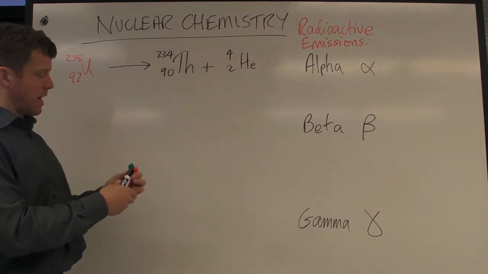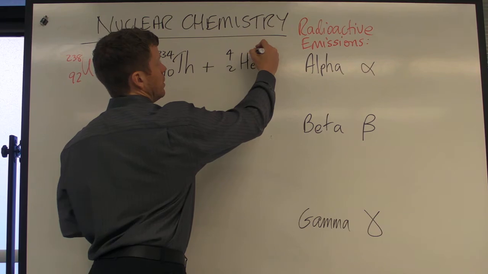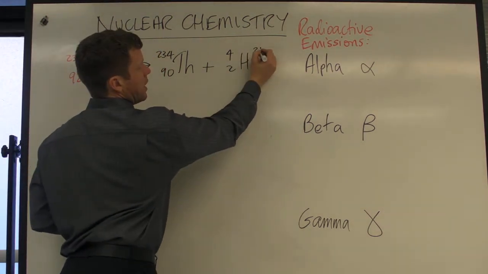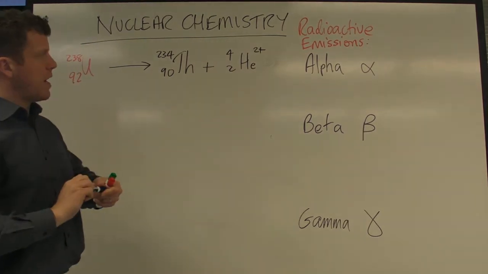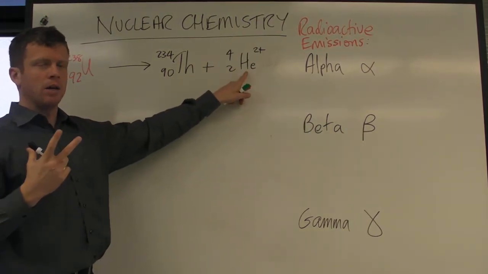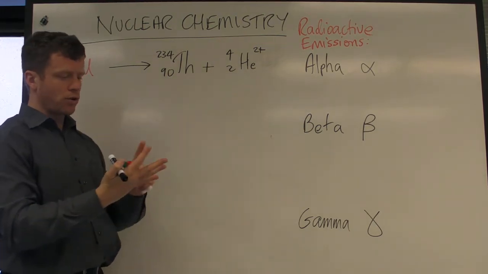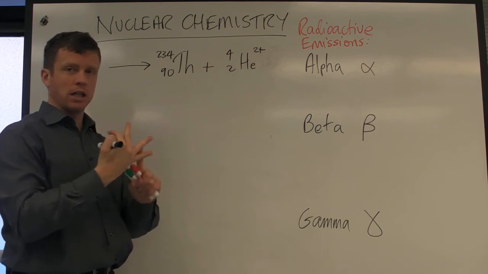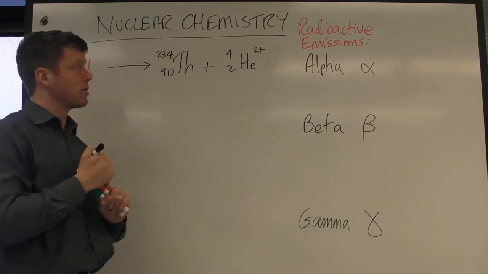In this case though, it does have a charge, 2 plus. So you often see alpha radiation described as a helium nucleus, and a helium atom has 2 electrons, 2 protons, 2 neutrons. A helium nucleus just has the neutrons and protons, no electrons.